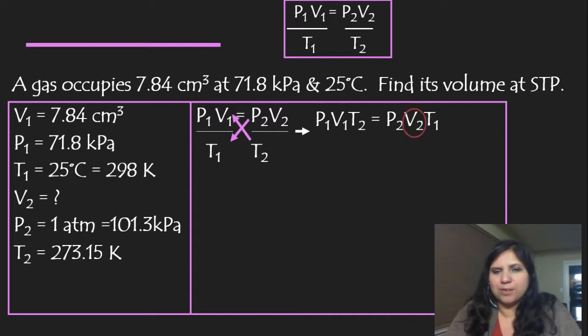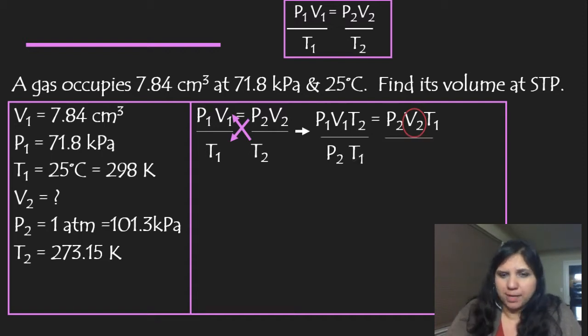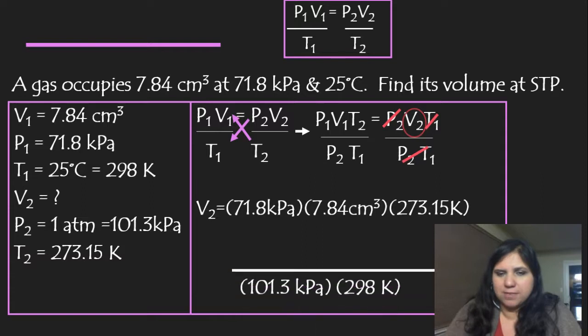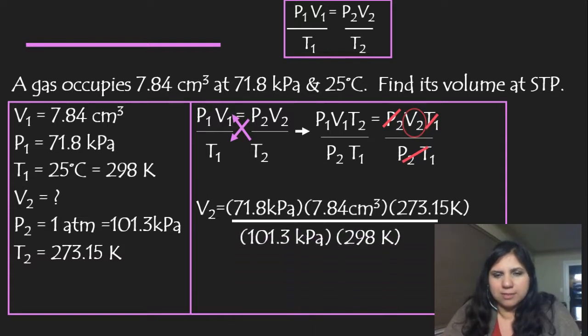We're solving for V2, okay, which means I need to move over P2 and T1. So then I'm going to divide both sides by P2 and T1, which cancels the P2 and the T1 on the other side. Then I can just plug everything in that I've listed over there into the equation. V2 is equal to all of that. So I just plug stuff in, and there we go.